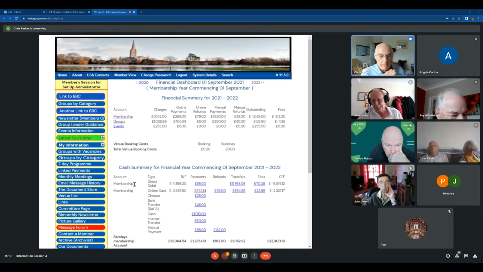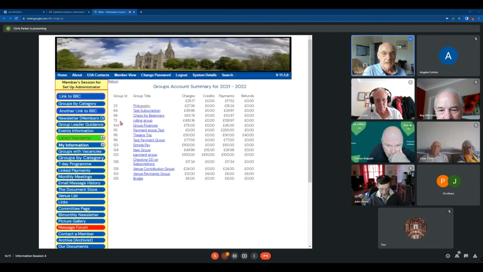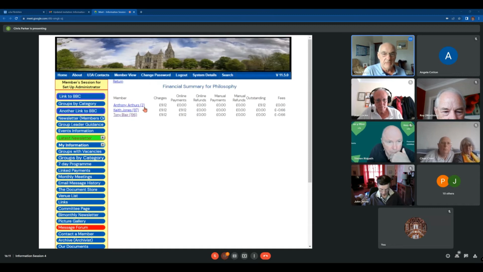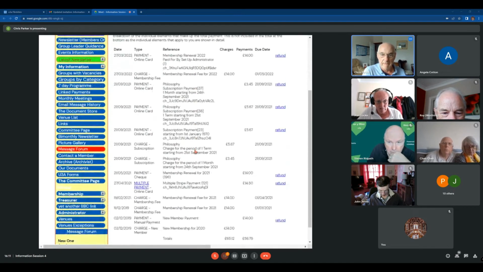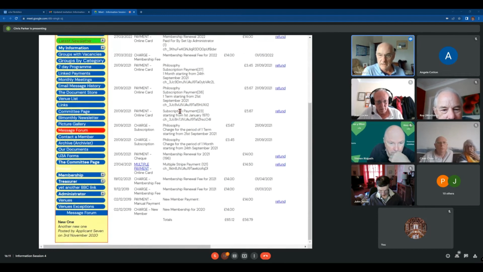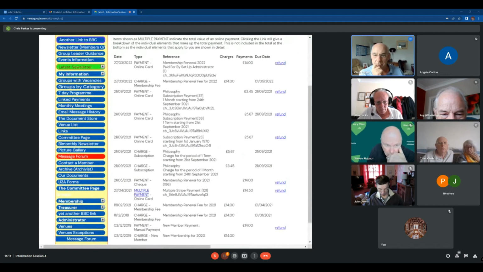We've talked only about membership, but the groups and the events, in terms of the entries sitting in their own records, are exactly the same. So you can look at philosophy, and you can see you get the same analysis here. And if you want to have a look at Tony Blair, he's also in here somewhere. Of course, Tony Blair. Was it philosophy, £3.45?